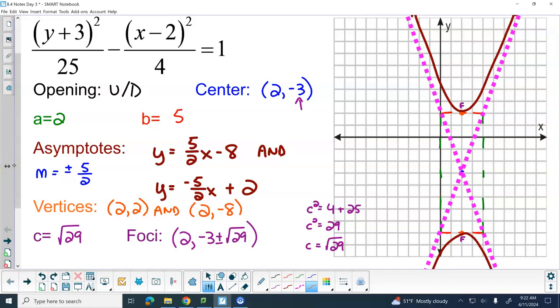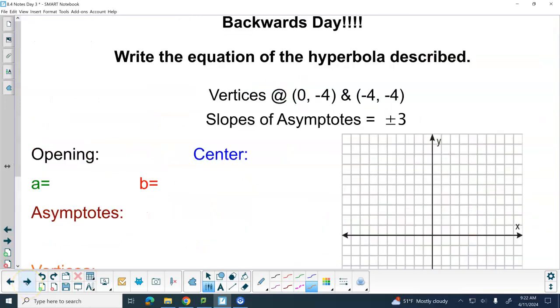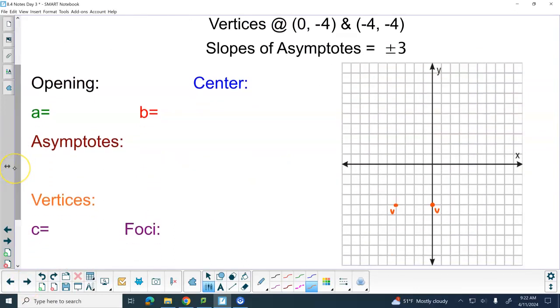Right in the middle, the midpoint of the 2 vertices, right? Same with the foci. The center is the midpoint of the vertices and the midpoint of the foci. Okay? So if I have this scenario, then my center would be right here, and it would have the coordinates negative 2, negative 4. Would you agree with that?